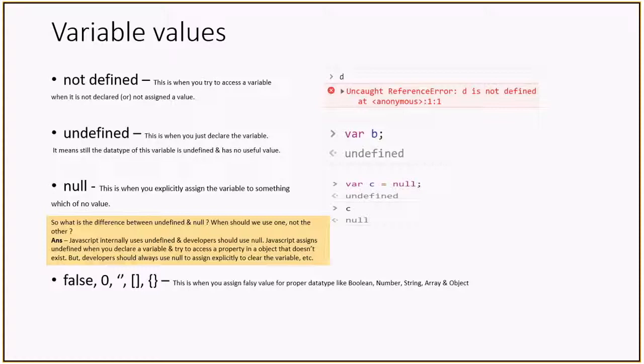Then comes the falsy value for a variable. For a boolean, false is a false value, no problem. For a number, 0 is a false value. For a string, obviously an empty string is a false value. For an array, having nothing in the array is a false value.